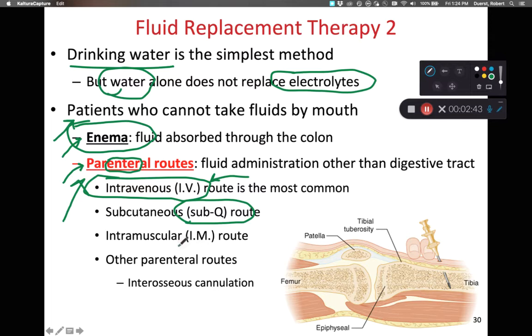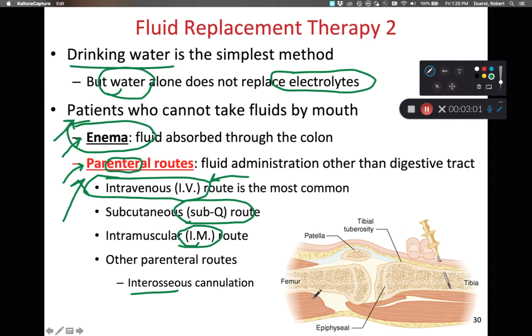We can inject the fluid into the muscular tissue, or one that gives me the heebie-jeebies is interosseous. You can inject the fluid into the spongy bone tissue of the bones.